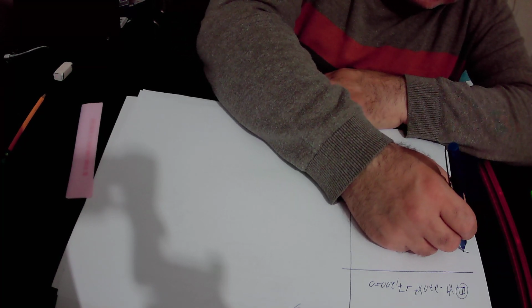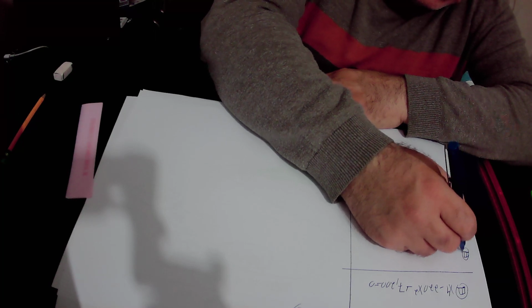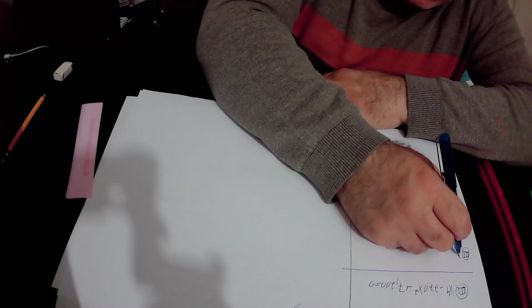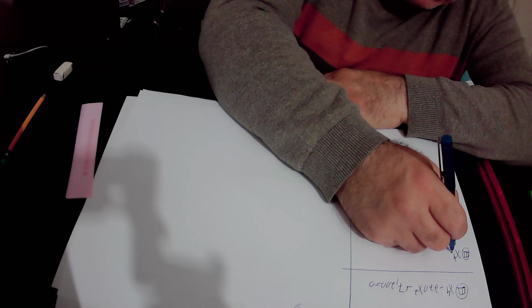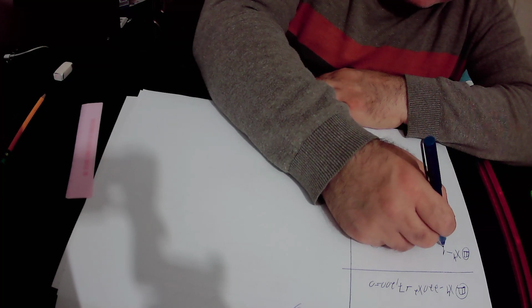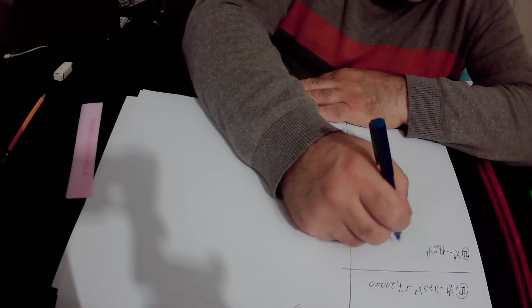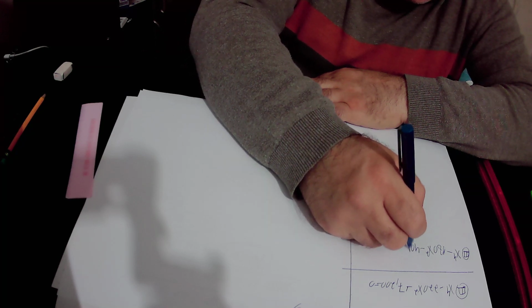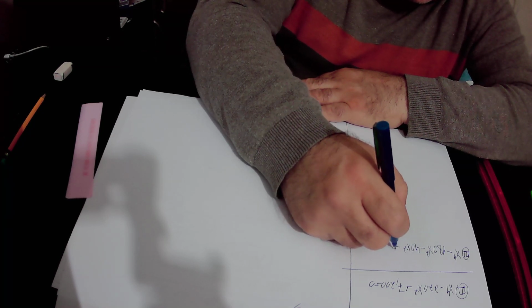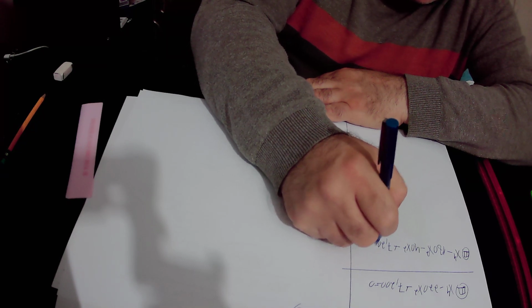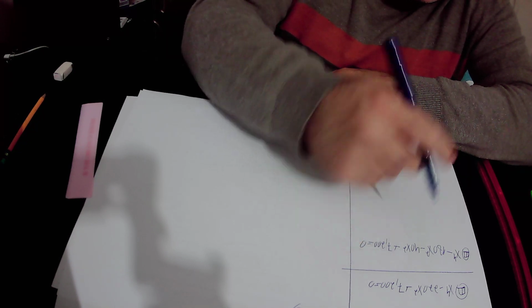Okay, and we get that according to equation number 3, x to the power of 4 minus 180 x squared minus 40 x squared plus 7200 equals 0.